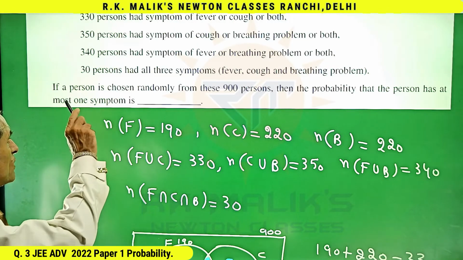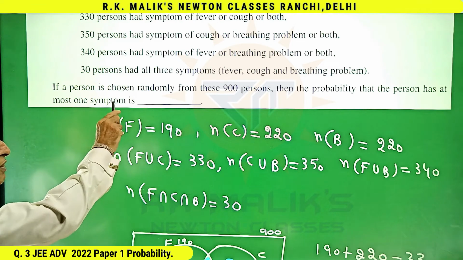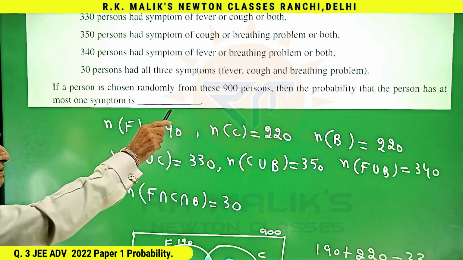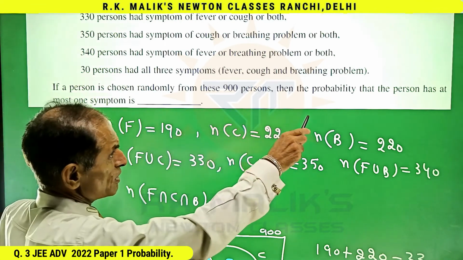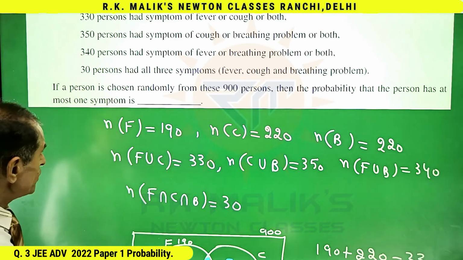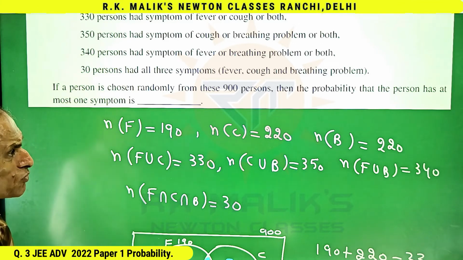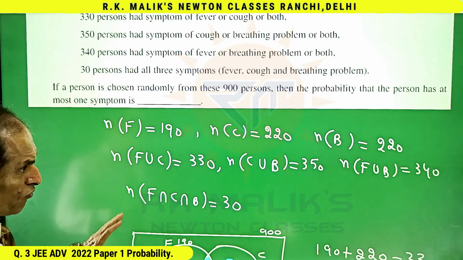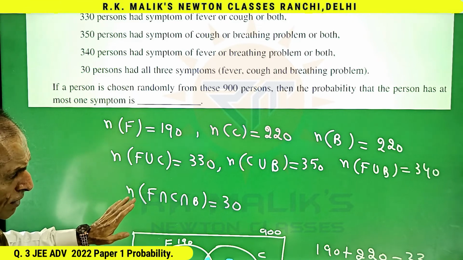And now he is asking, if a person is chosen randomly from these 900 persons, then the number of persons that have at the most one symptom. At the most one symptom means one symptom or no symptom.